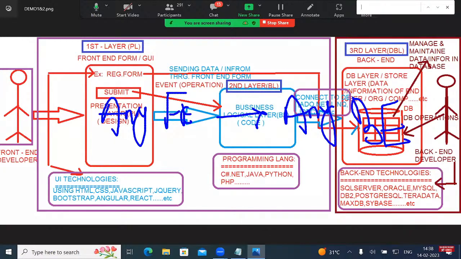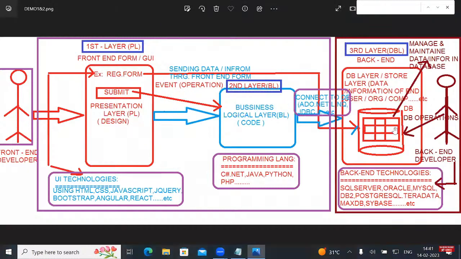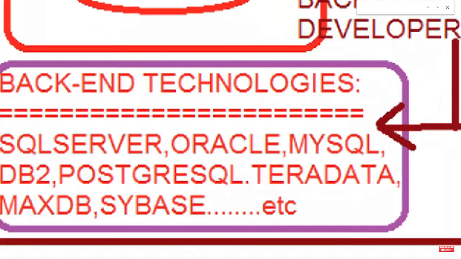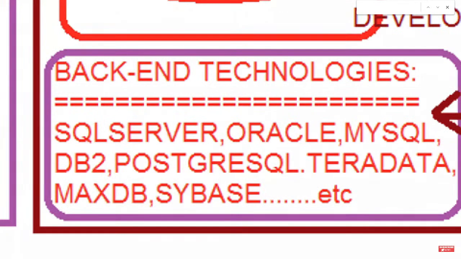But in real time, if anybody asks you, any front end can be integrated with any backend. Remember that point. Now, on the backend side there are so many different tools, the database backend technologies.